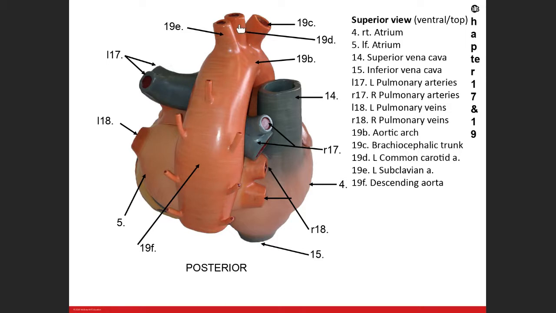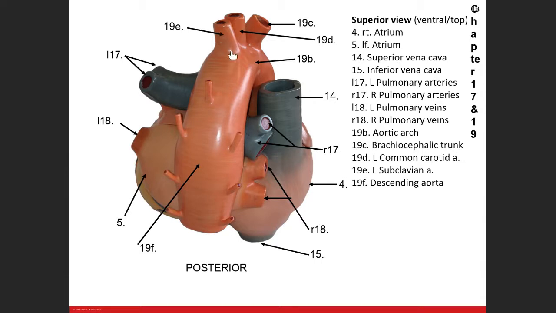Then our next one, right next to it, is the left common carotid artery. That's going to go up to your head and neck, and then it's going to split off into the external carotid artery and the internal carotid artery. And this guy right here is the left subclavian artery. Think of clavicle, collarbone, and this artery is going to go into your arm.